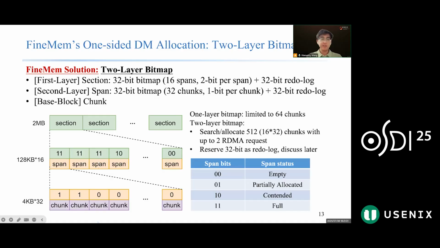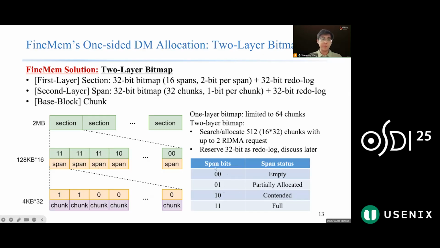the span's status. Specifically, span status 00 and 11 represent that the span is entirely free or full, and 01 indicates that the span is normally used, where the span is partially allocated as smaller chunks, while 10 denotes that the span is contended, which means multiple allocators can currently target the same bitmap for allocation, so we don't use this status span at high priority.